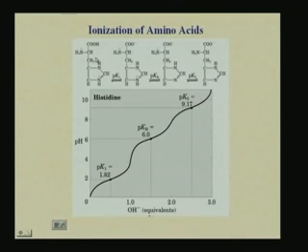As we increase the OH minus additions, what's going to happen is I am going to lose this proton, right? So as I lose this proton, what is the next one that I am going to lose? The one belonging to the side chain.